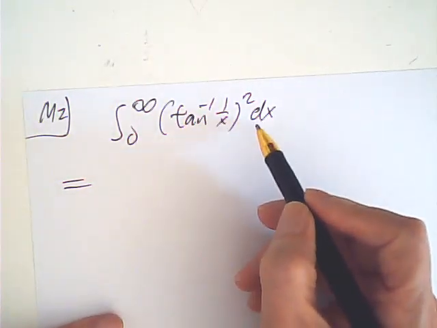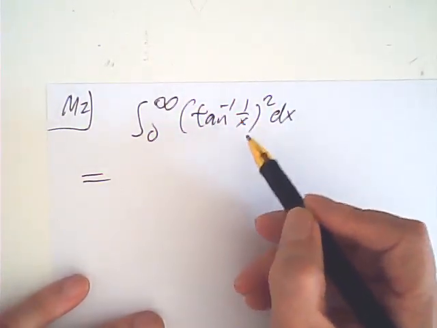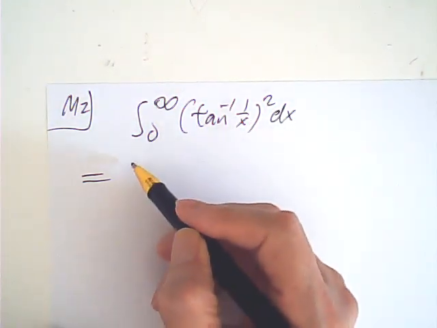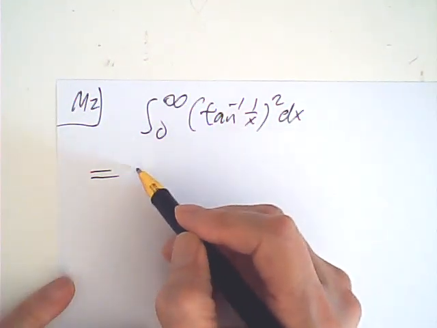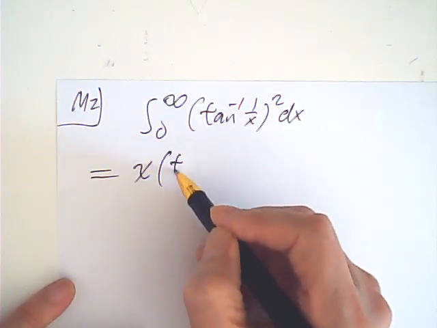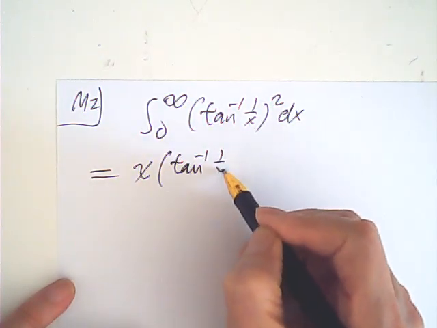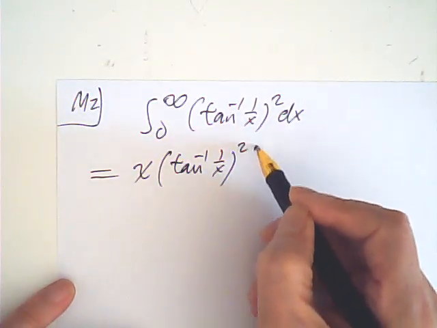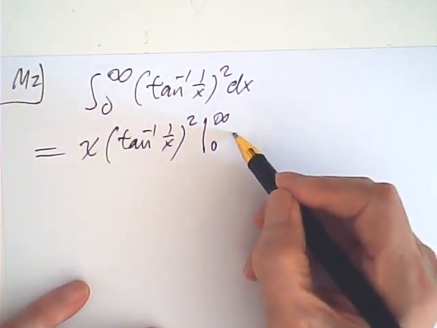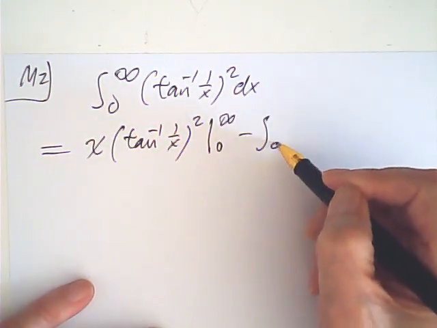This is u, this is dv. So u is arctangent 1 over x squared. So u times v is, this is v, this is u, and minus the integral of v du.